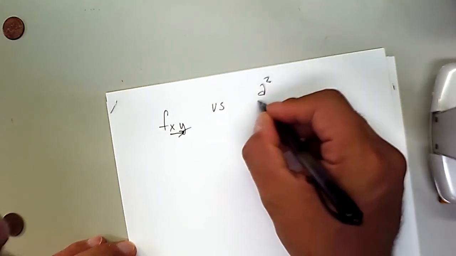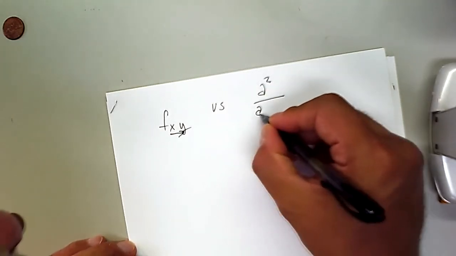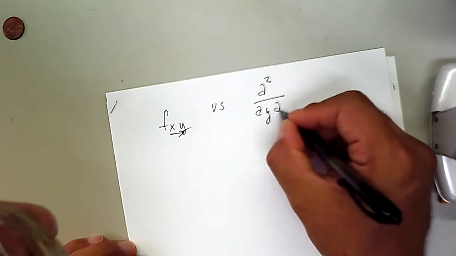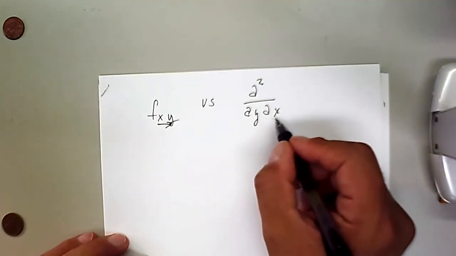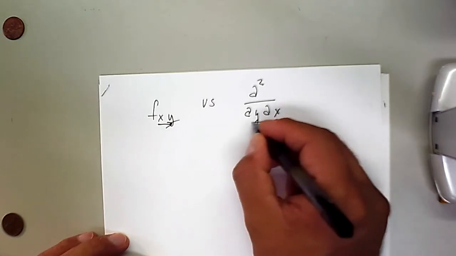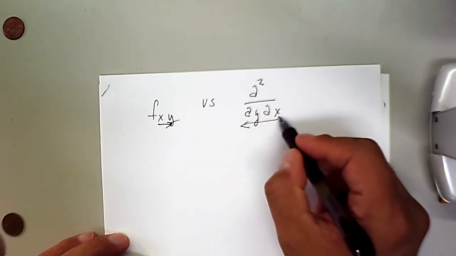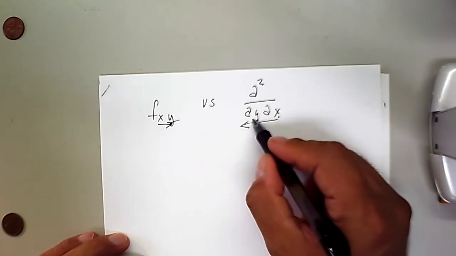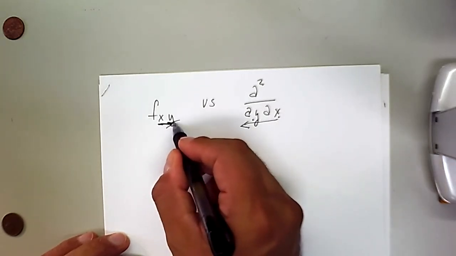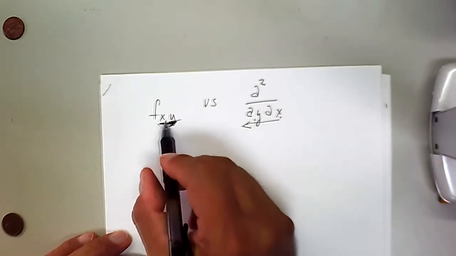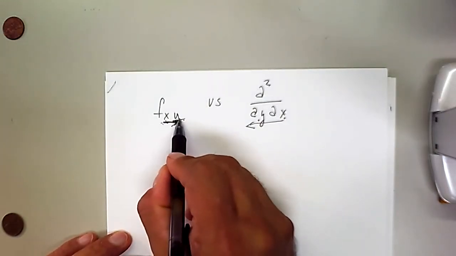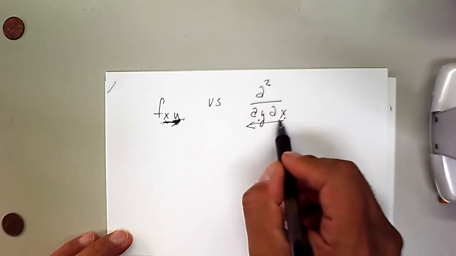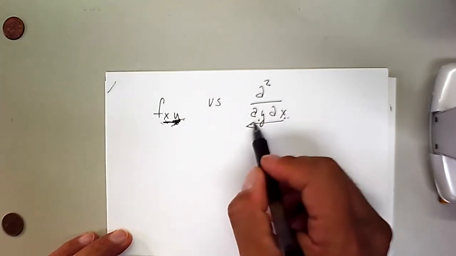So the second partial derivative with respect to y, x. So when we're using partial derivatives, we go in this direction. First derivative with respect to x, then derivative with respect to y, versus this notation. So when we are using this notation, we go from left to right, first x, then y. When we use this notation, first x, then y.